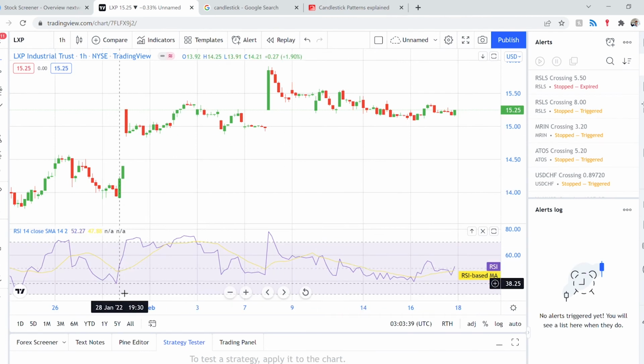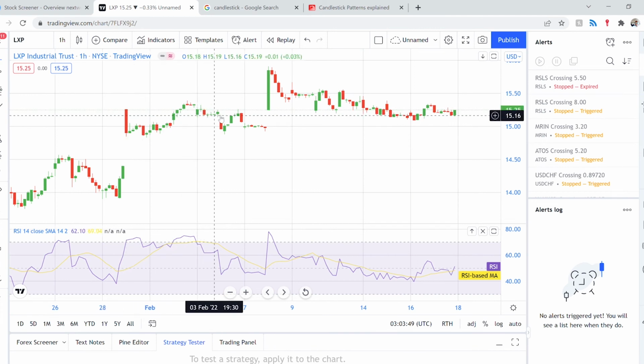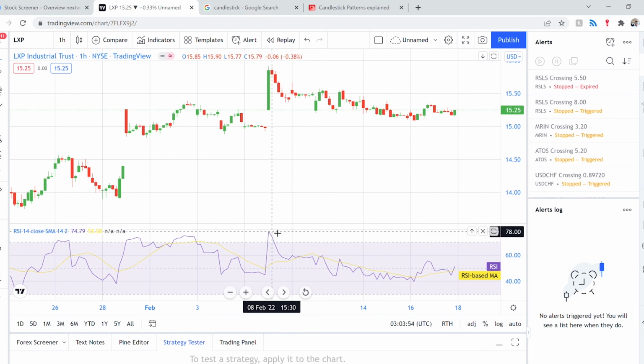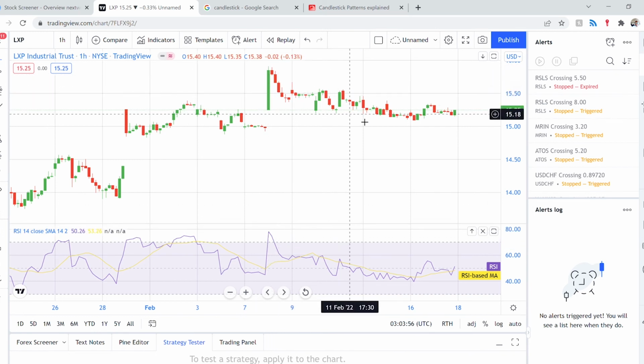We have the RSI, and the moment RSI went above 70, it reached the top, then dropped a little bit, and then went above 70 again, reached the top, and then dropped again.